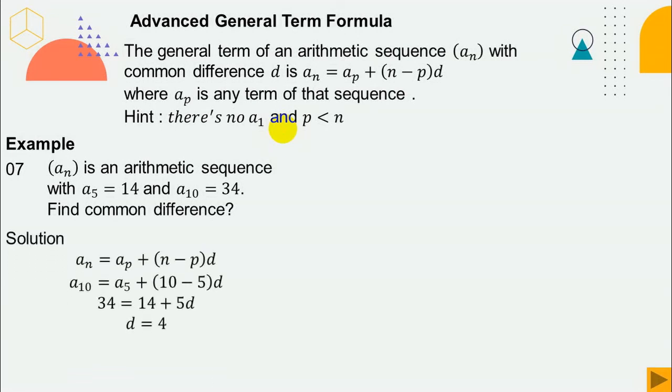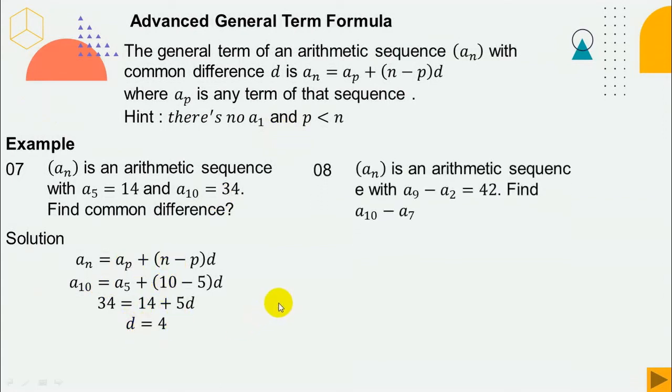So we have two terms, the 5th and the 10th, and we can see p is less than n, where p is 5 and n is 10. You just need to simplify this to get the difference, because we don't need to find the first term, and there's no first term in the equation too. So you can use the advanced general term if they have two of the terms. When we simplify this, we get the difference is 4.